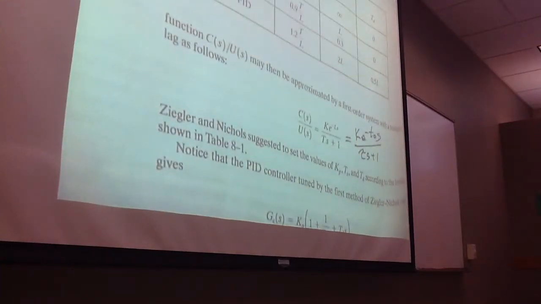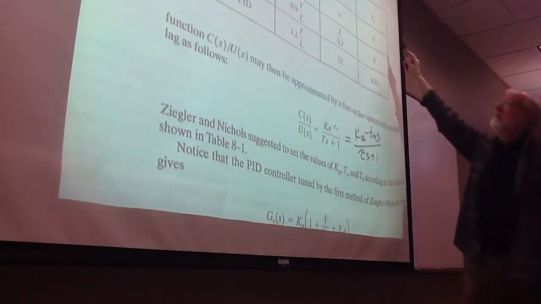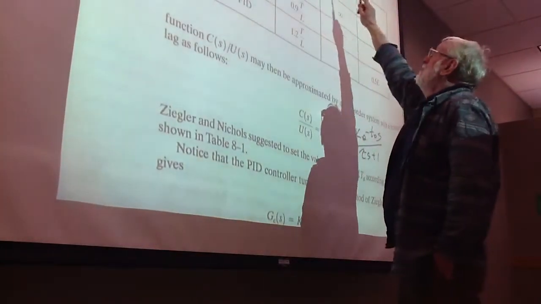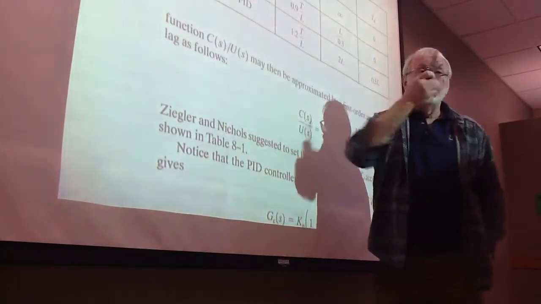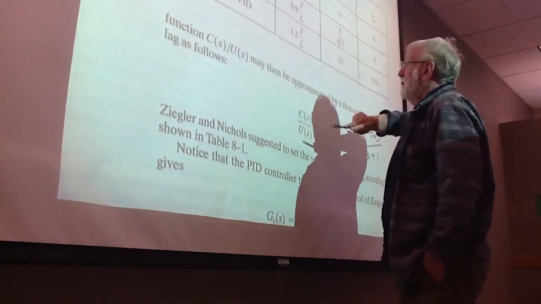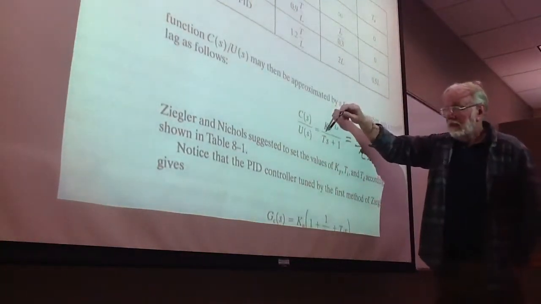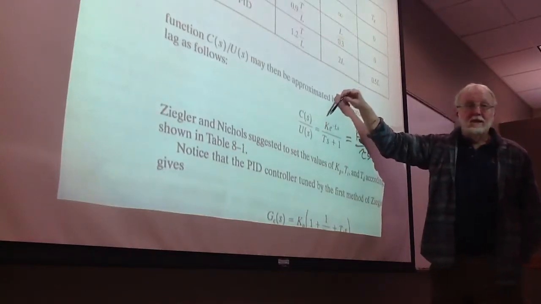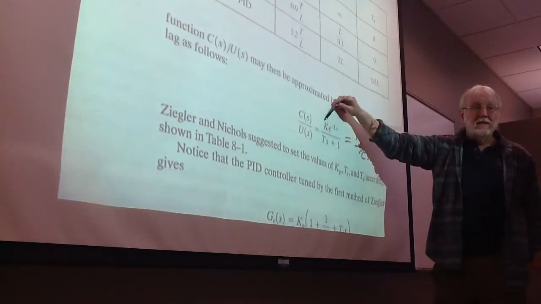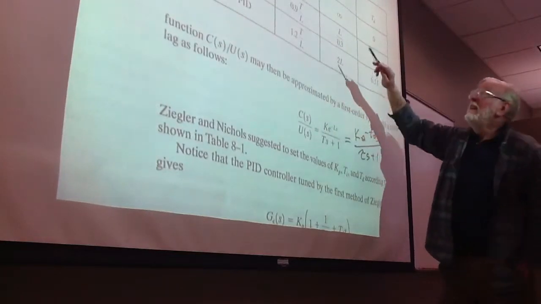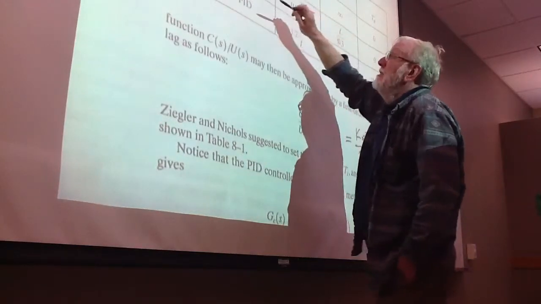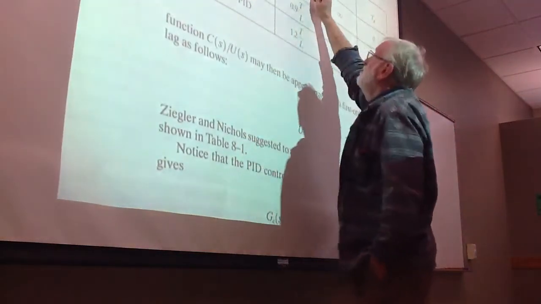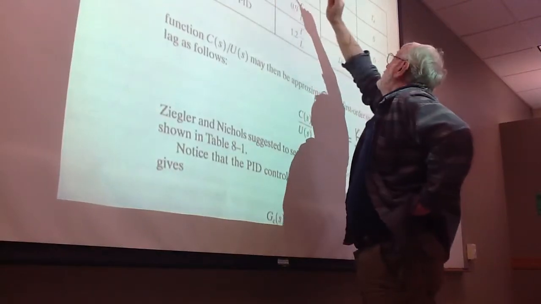for tuning, a tuning rule based on step response of the plant. So if you did a step response experiment, you get these parameters, K, L, and T, or K, T naught, and tau. You've been getting those. If you have those, then this gives you formulas for a proportional controller, the controller gain.